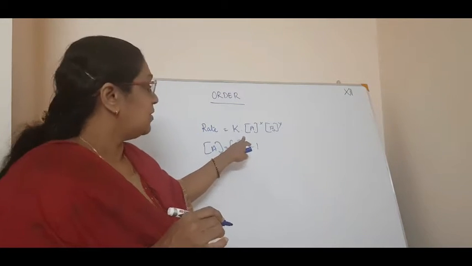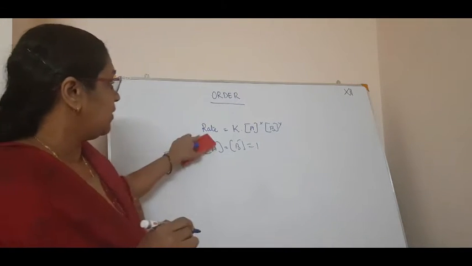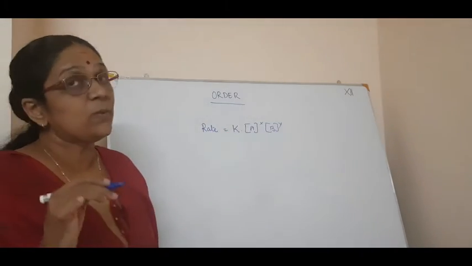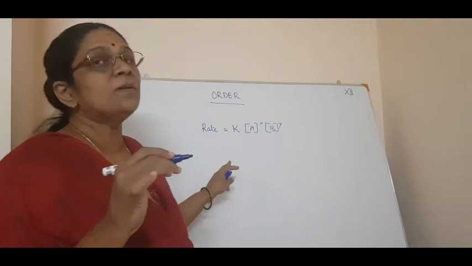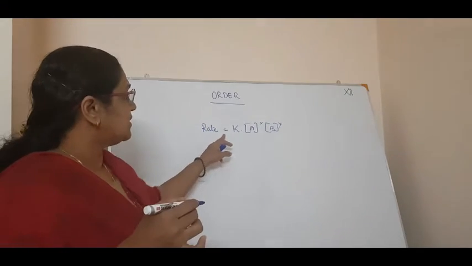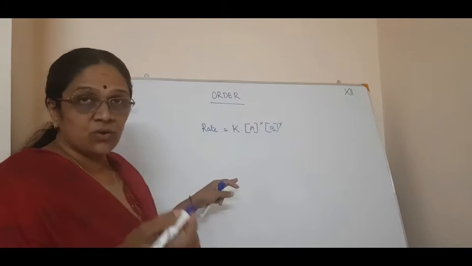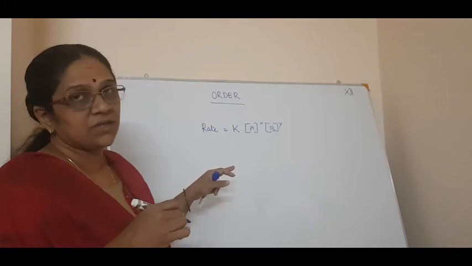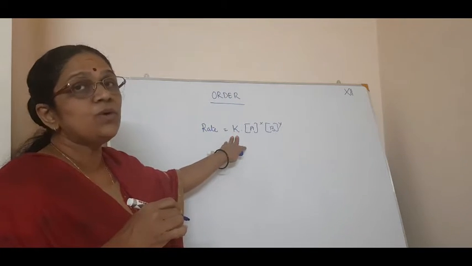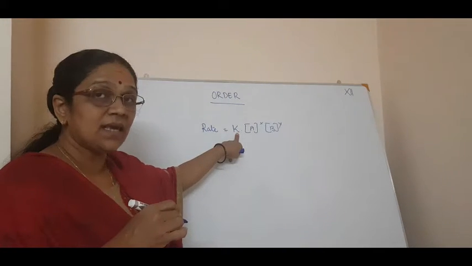Clear? Then we will see what is the unit of rate constant. It's very important. In the board exam, a 1 mark question will ask what is the unit of a zero order reaction, or a first order reaction or a second order reaction, etc. Now, we will see how to calculate the unit of the rate constant K.